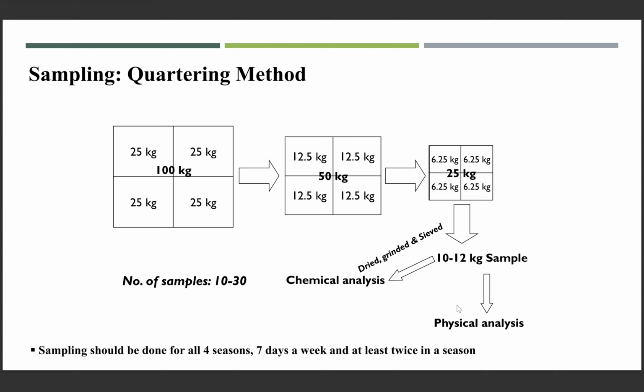Sampling should be done for all four seasons, 7 days a week, and at least twice in a season. Since municipal solid waste has a very heterogeneous composition, this quartering method is done to homogenize the waste, and then it is further reduced in particle size for the chemical analysis.